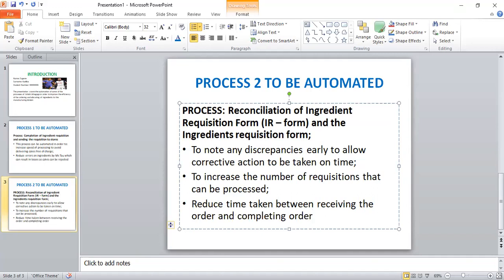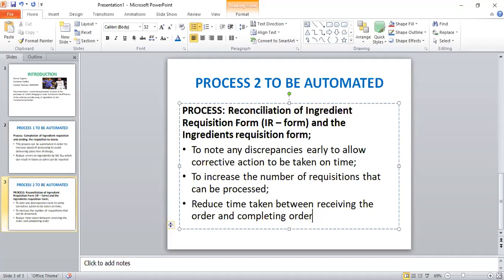That is from the time that Mr. Tao receives the order from the customer through phone or through mail, then sends to warehouse, then warehouse sends to the factory. Factory does the ingredients.